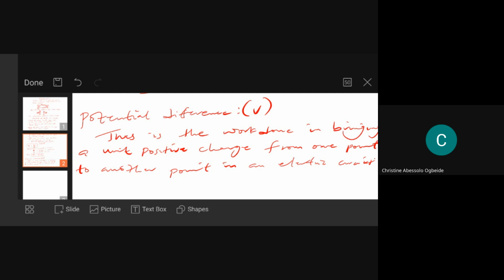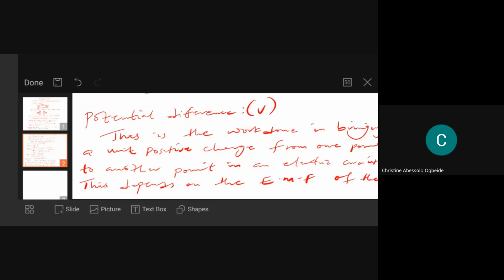So I can say that the potential difference depends on the EMF. Remember, EMF means electromotive force. The EMF of the cell connected to the circuit.